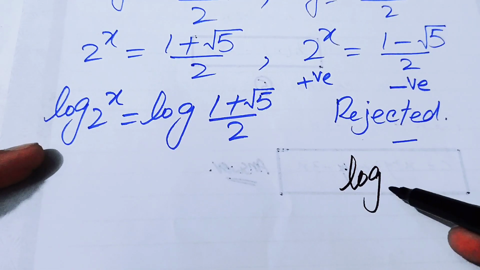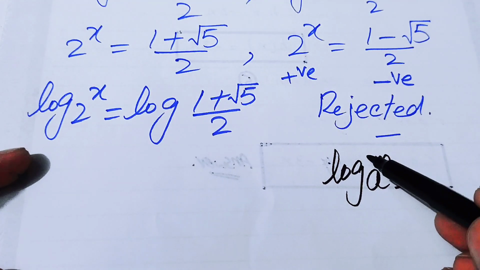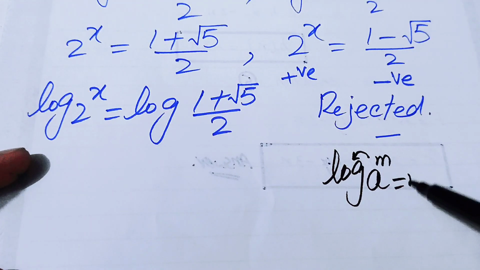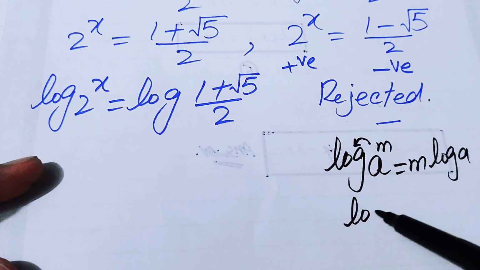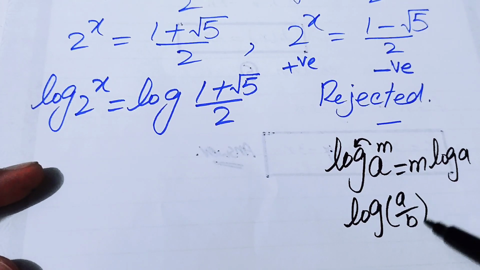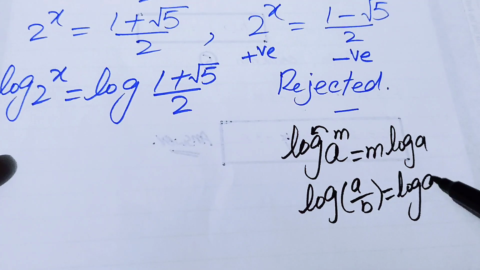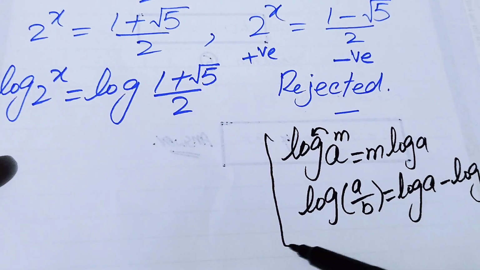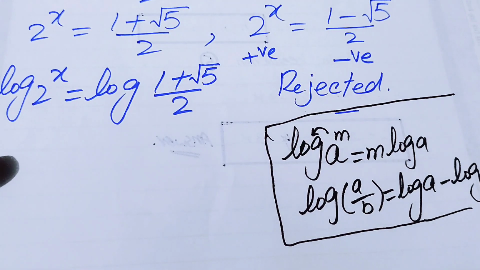The first property is if we have log of a to the power of m, this exponent will come in front of the log and we write it as m times log a. And similarly the other property of log is log of a over b, so we write it as log of a minus log of b. So now we use these two properties of log.